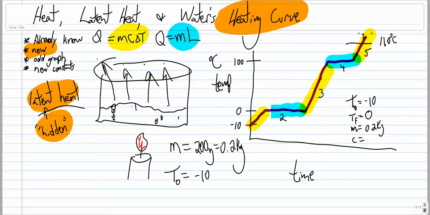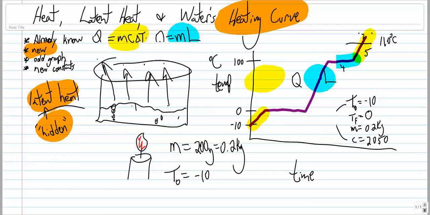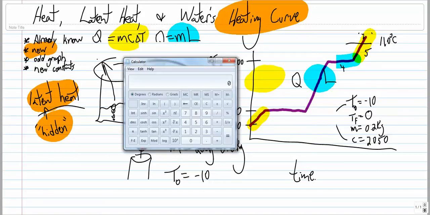So that comes out to 2050 joules per kilogram, just sliding the decimal 3 places to the right. So all we've got to do is plug these numbers into that equation, and we'll have our first answer. Let me grab my calculator here. Our temperature difference was 10 degrees.